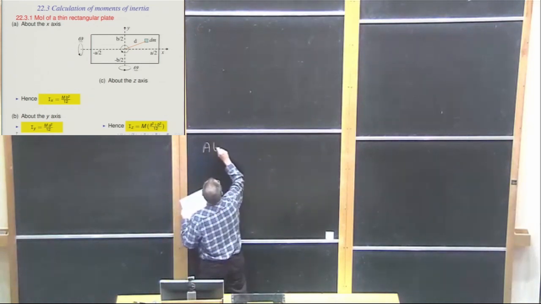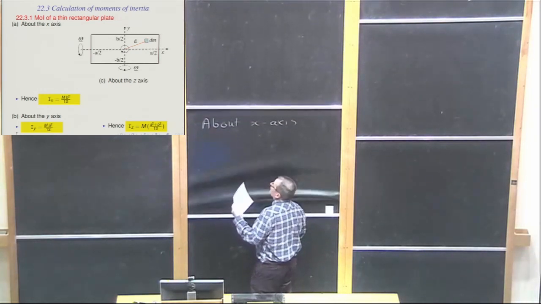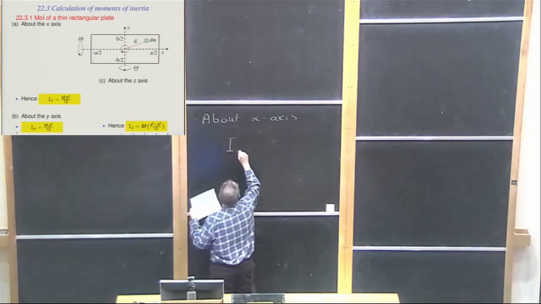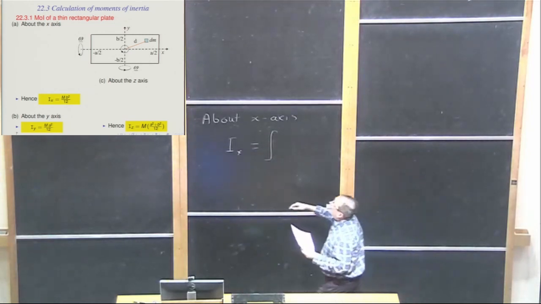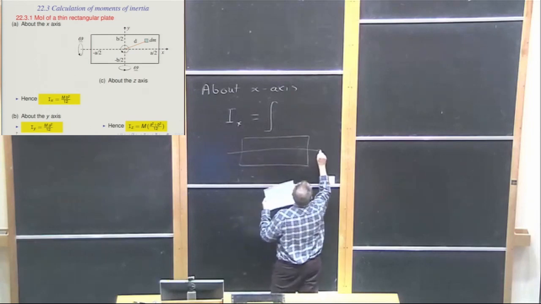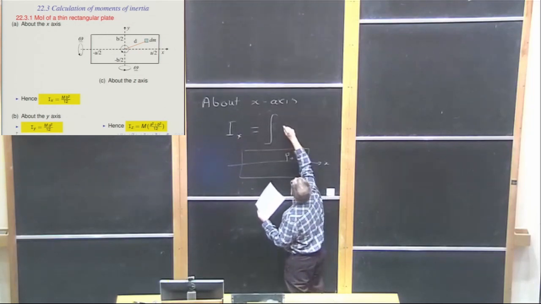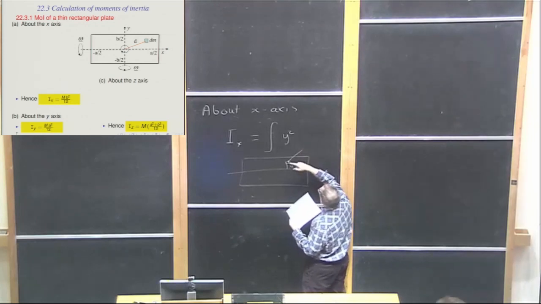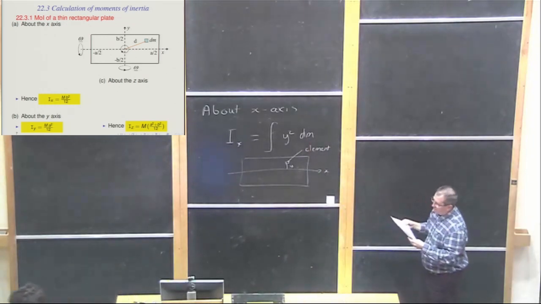So, about the x-axis, in this case we need the sort of master formula, that I subscript x is equal to, now this is a continuous object, so we use integrals rather than a discrete sum, and it's the perpendicular distance from this axis, so this is x, so we go a certain distance away, and that distance is clearly y, so we get a y squared, and then that's weighted by the mass of this element here, so dm. Okay, so Ix equals the integral of y squared dm.